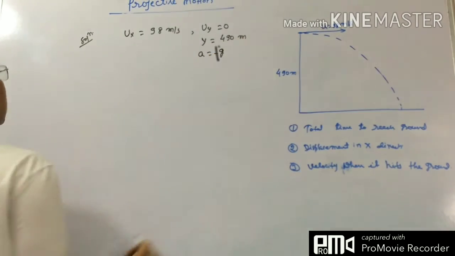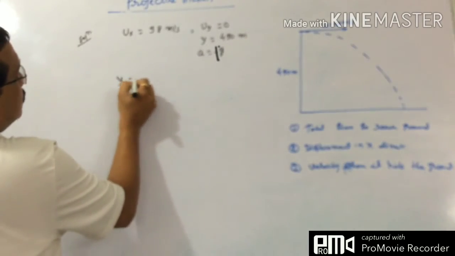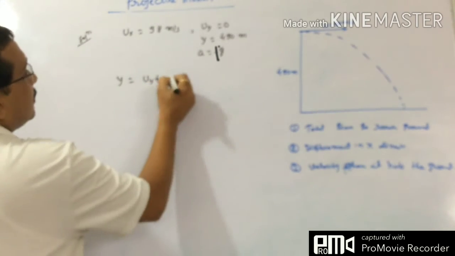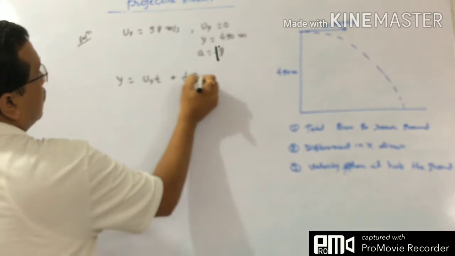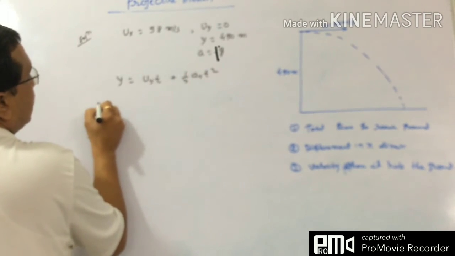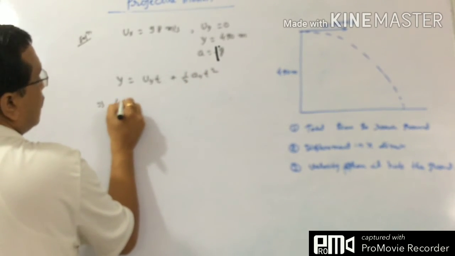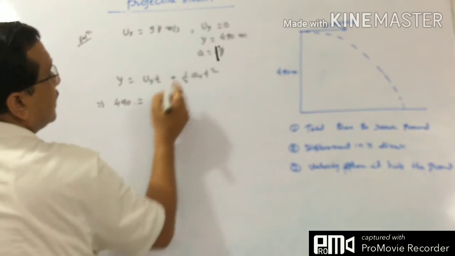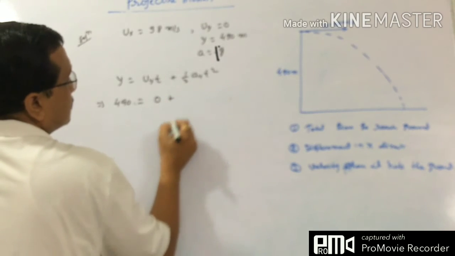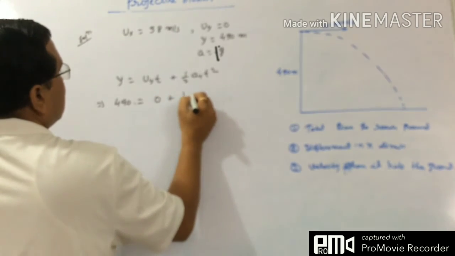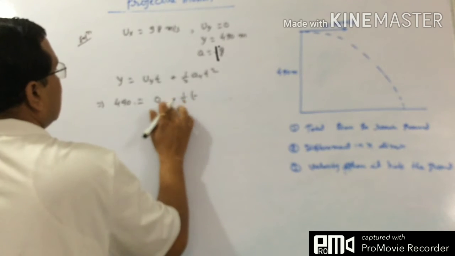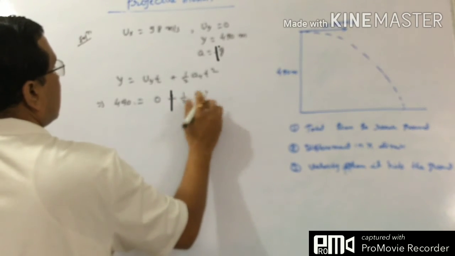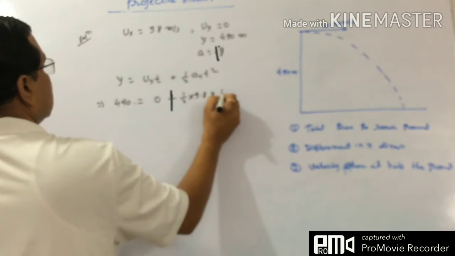So we shall use the equation y equals uy t plus half ay t square. Put the value: 490, this term is 0 because uy is 0, plus half into minus 9.8 into t square.